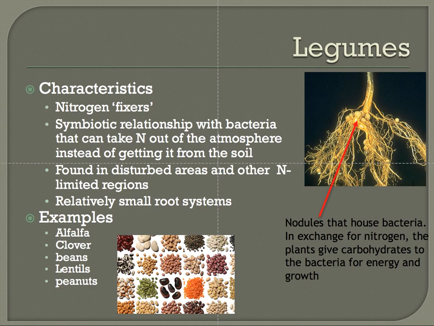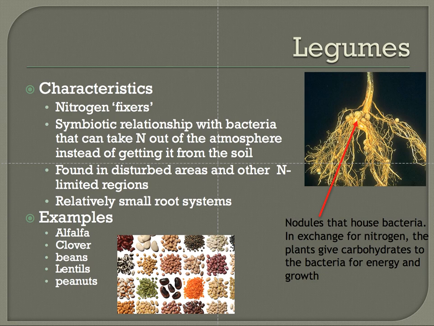However, the majority of gas in our atmosphere is nitrogen gas, or N2 gas. So if you've got two atoms of nitrogen bonded together, you've got nitrogen gas. That makes up almost 80% of our atmosphere. So if you are an organism that can take nitrogen out of the air, you've got a huge advantage. You've got an unlimited supply of nitrogen.